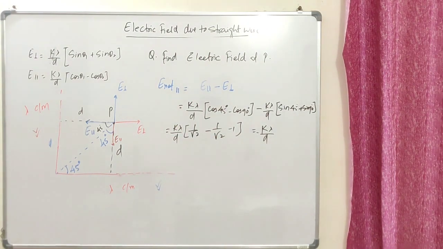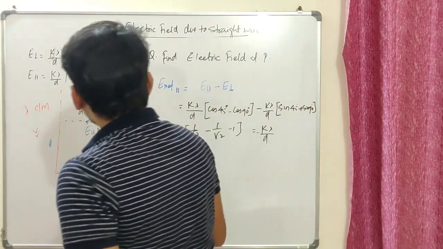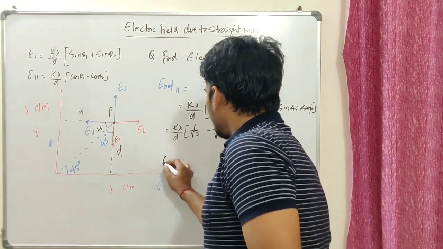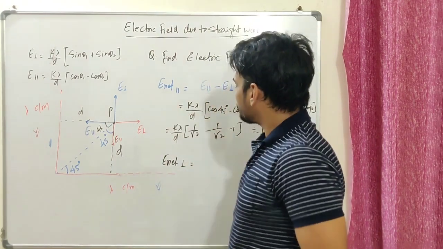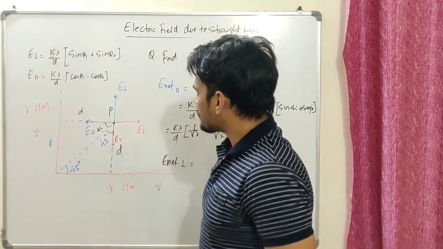Okay, so now let's talk about this part. Let's talk about the vertical part this time. E net in the perpendicular direction, this part. Well, I can choose to have this minus this.